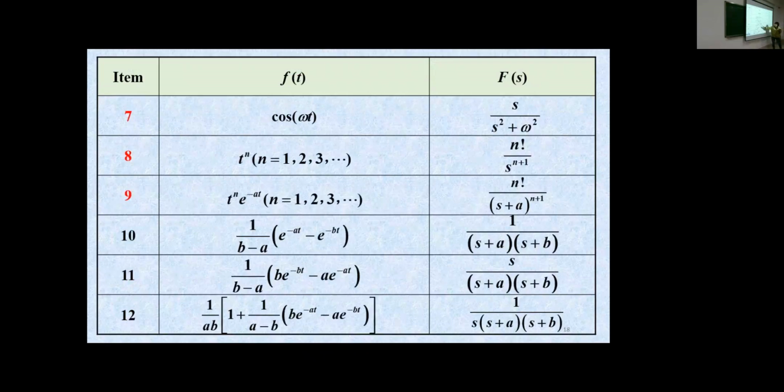And we talked before about t squared over 2, with the coefficient divided by 2 here. The answer is 1 divided by s cubed, right? And if we no longer have the coefficient 1 divided by 2, the whole thing becomes 2 over s to the order 3.